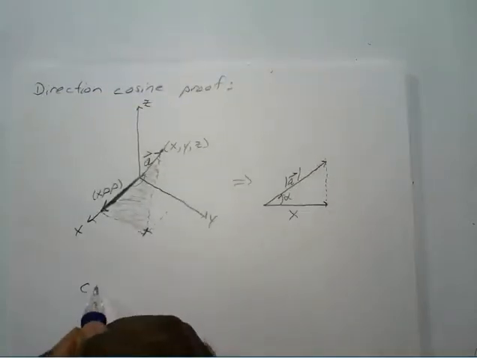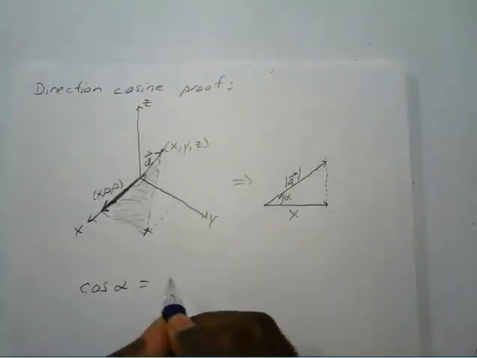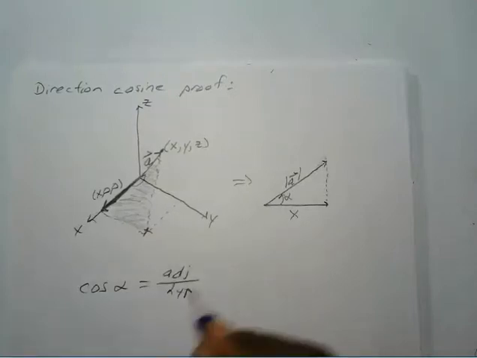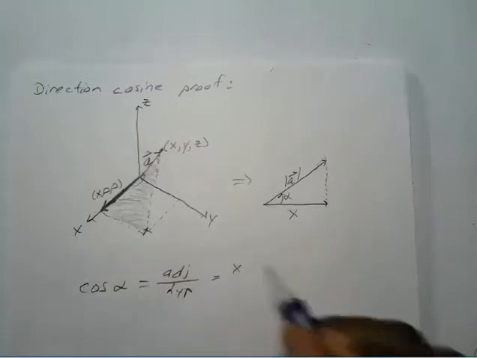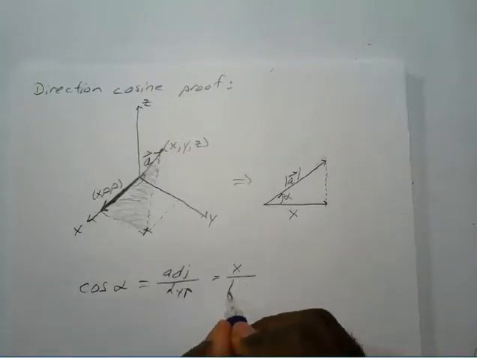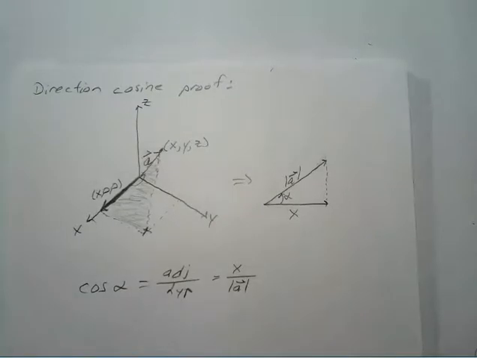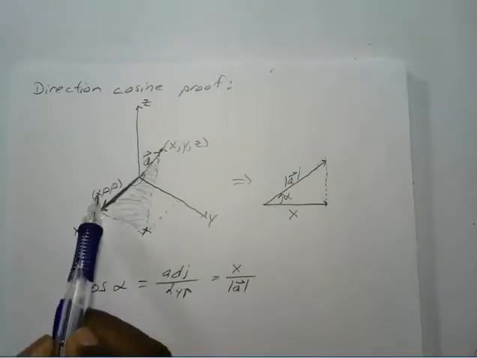Okay, so we see that cosine of alpha is equal to adjacent over the hypotenuse, which is equal to whatever your x value is over the length of your vector. Here, our x value is some value we will call a1.